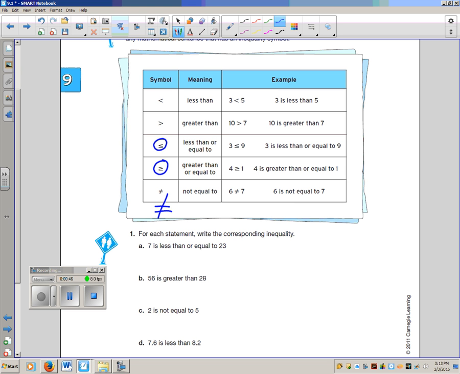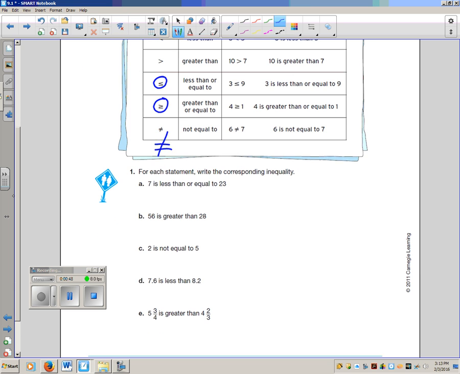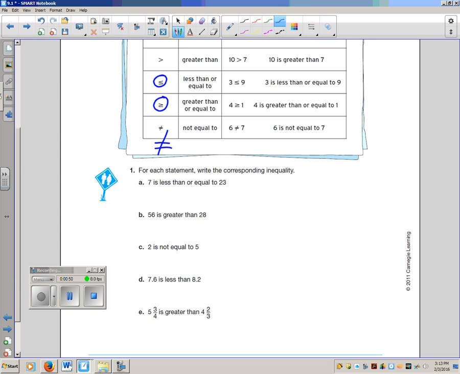So we're going to write the inequalities starting on number 1. 7 is less than or equal to 23. We're just writing them. We're just practicing writing.